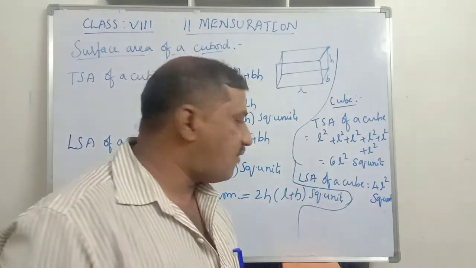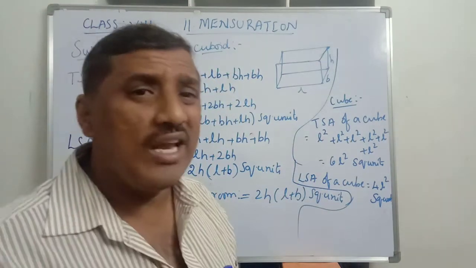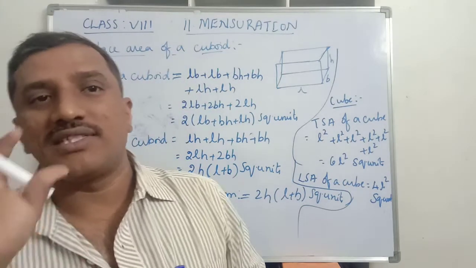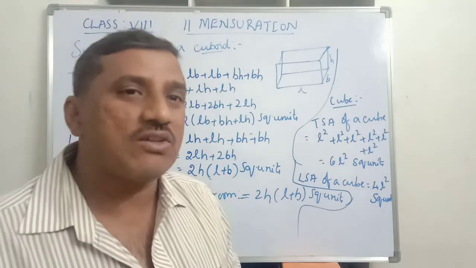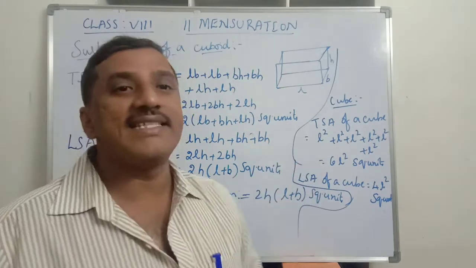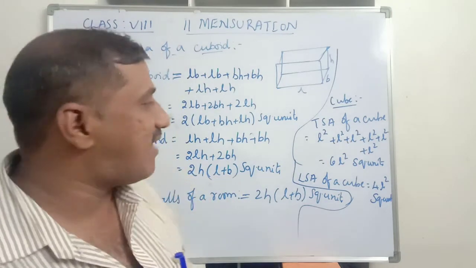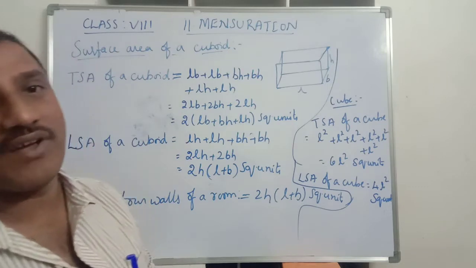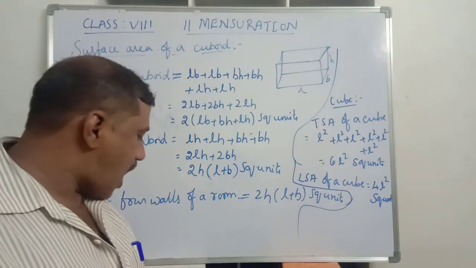Lateral surface area of a cube contains only 4 surfaces, therefore it is 4 L square. And for a cube we have 6 surfaces, all square shaped, therefore it is 6 L square. 6 L square is the formula to find the TSA of a cube. Now I hope you understand.